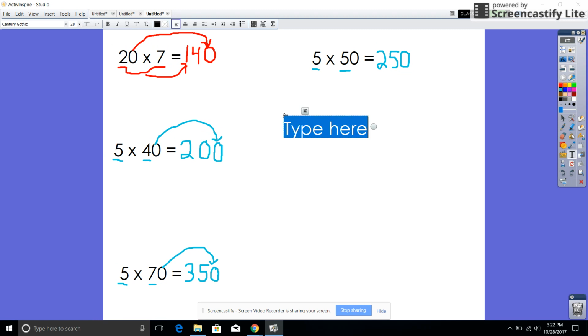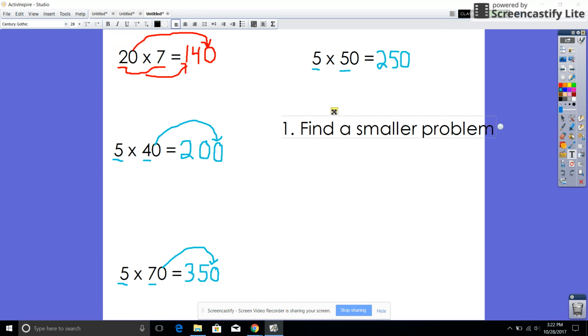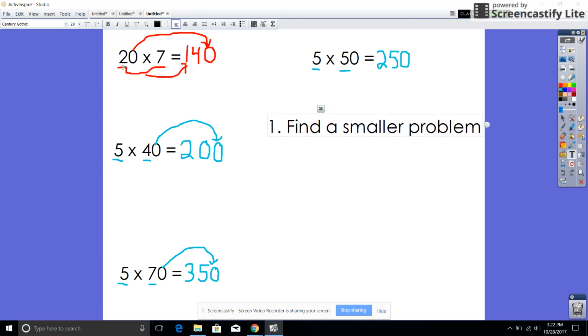So before we go today, I'm going to write down these steps for you. Number 1, first thing that you need to do is find a smaller problem. That's what we did when we came over here and looked at 2 times 7 and got 14. When we looked at 5 times 4 and got 20, and so on. Okay?